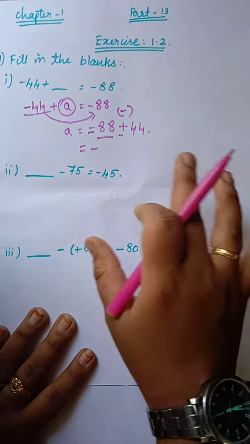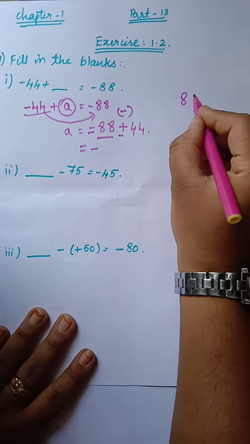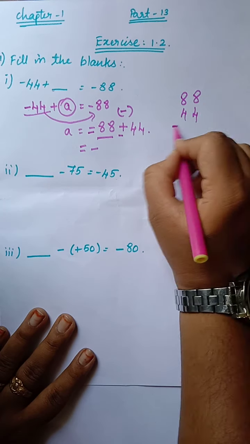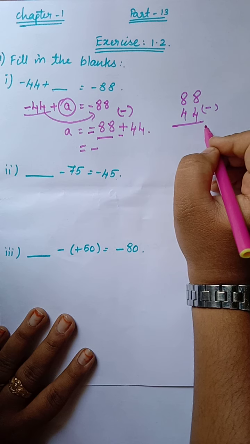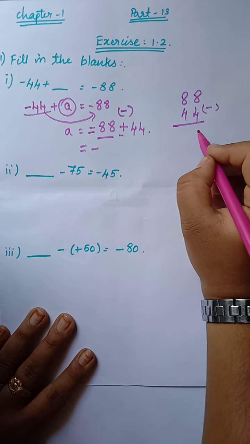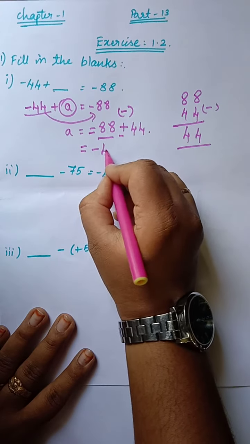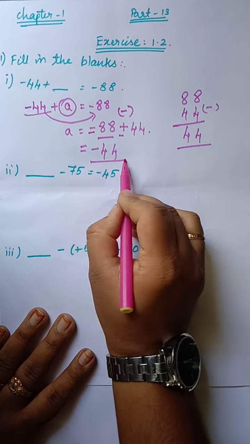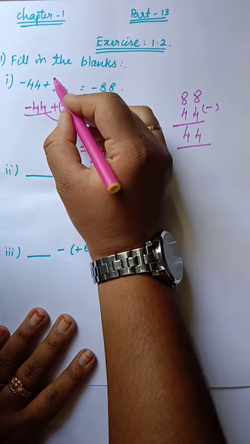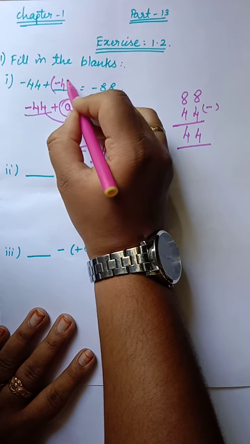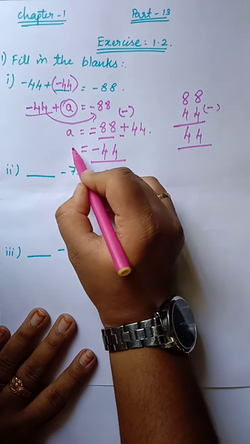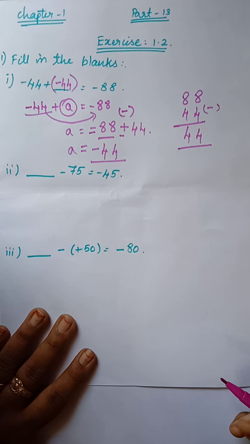Then we subtract the two numbers, 88 and 44. 8 minus 4 is 4, here also 8 minus 4 is 4. So our answer is 44, that is minus 44. So a is minus 44.